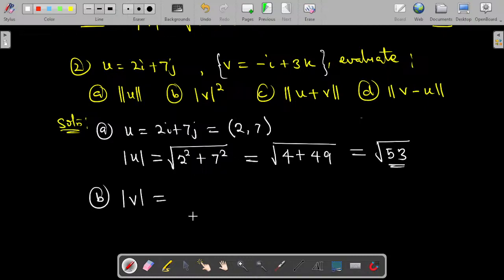Okay, magnitude of V, our V is minus i plus 3k. V is minus i plus 3k. Can I see a response? Even if it is one response. While I'm waiting for your response, let's continue together.